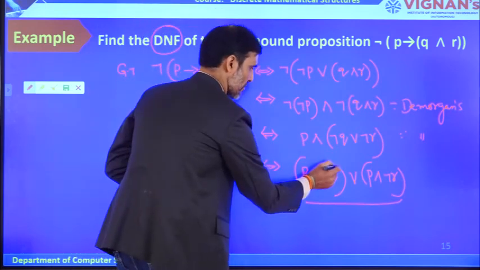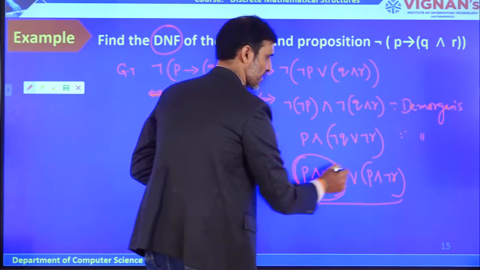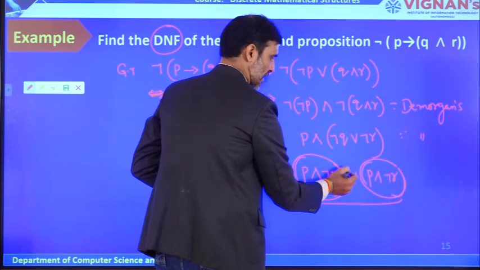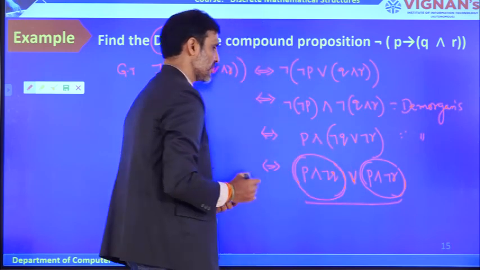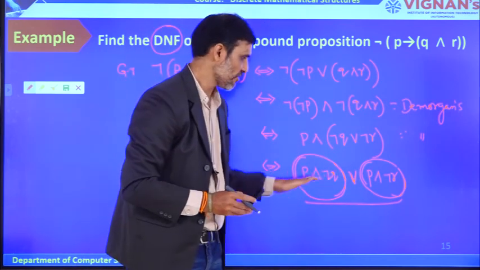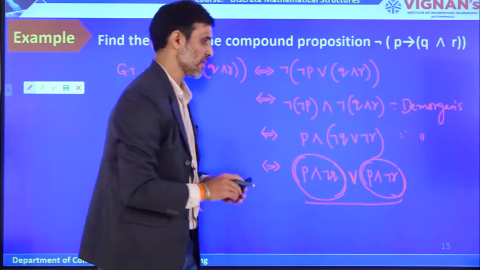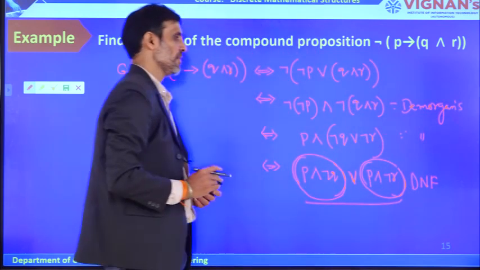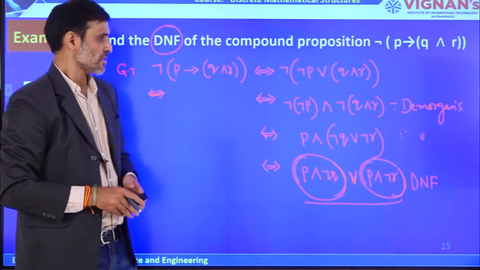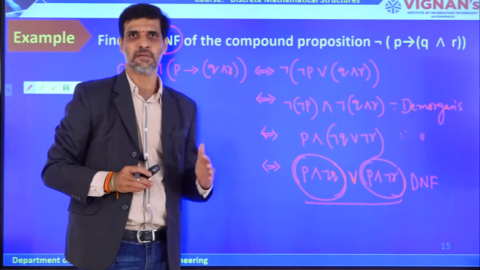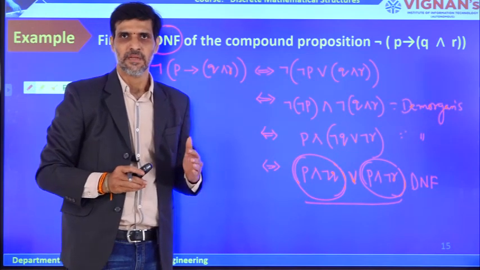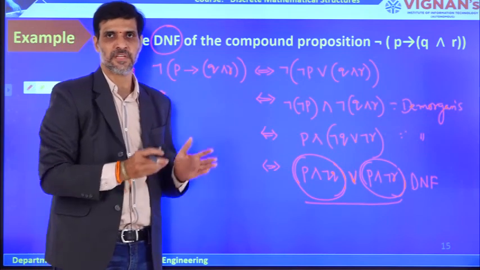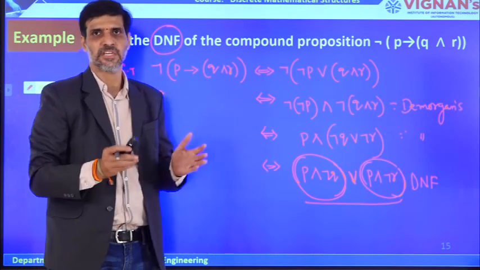This is a minterm, a conjunction of literals, and this is a minterm, and these two minterms are connected by the logical connective disjunction. A disjunction of minterms is called DNF. So this is the DNF of the given compound proposition. If you know the logical equivalence laws, it is very easy to construct the disjunctive normal form of a given compound proposition.